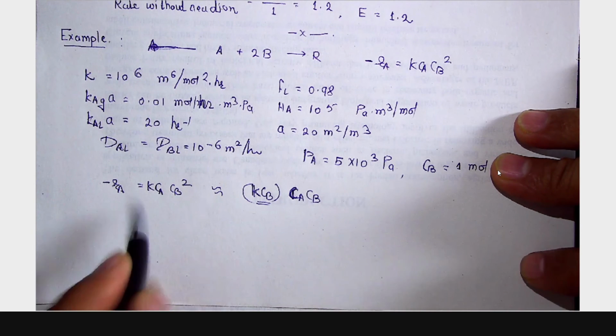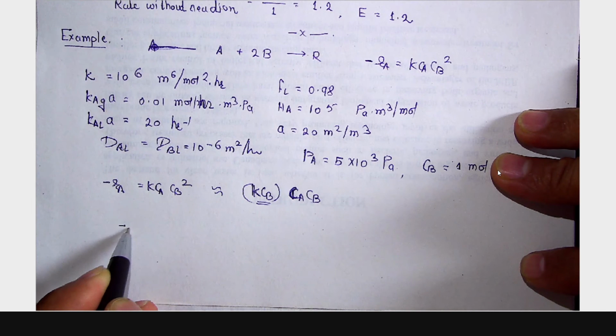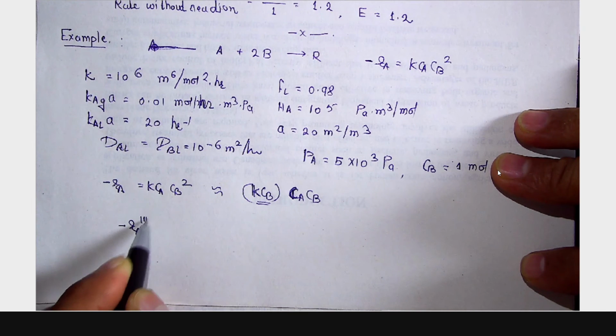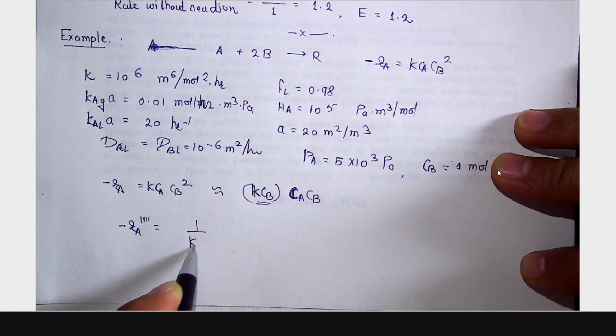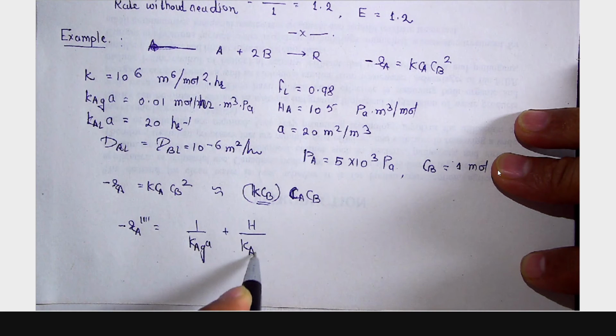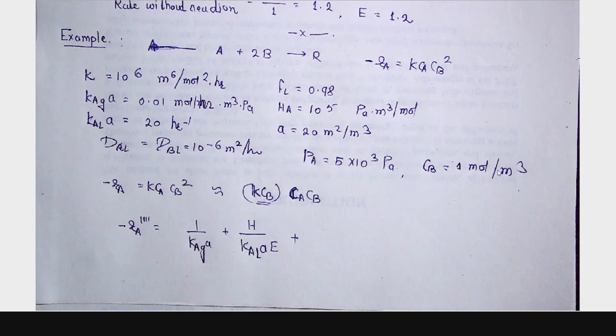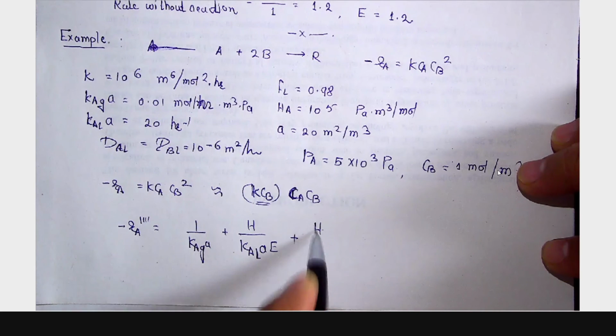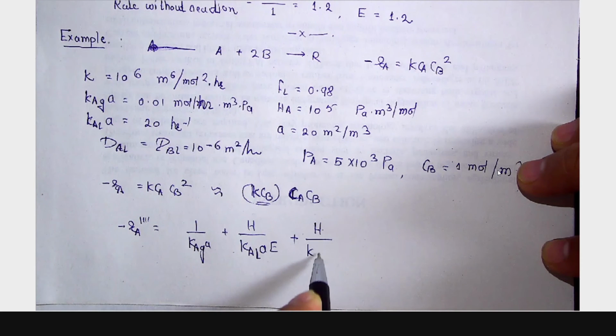Is it the overall rate expression we want? If you recall this equation, it will be plus, HA upon K CB, FL.